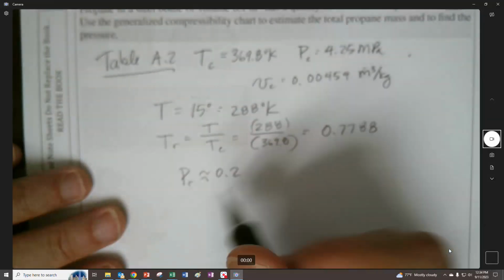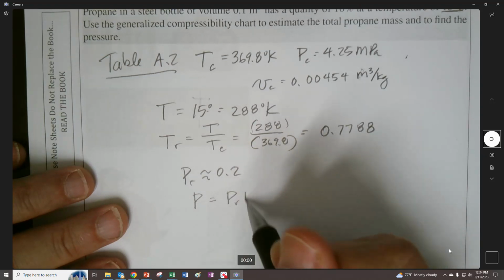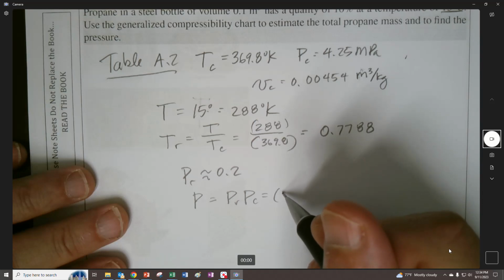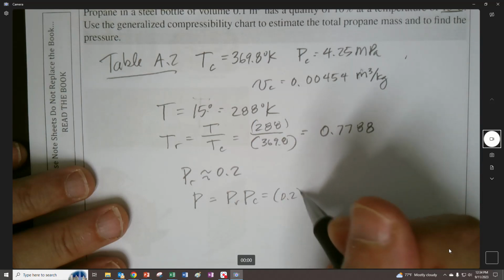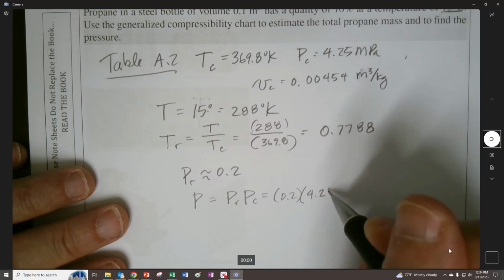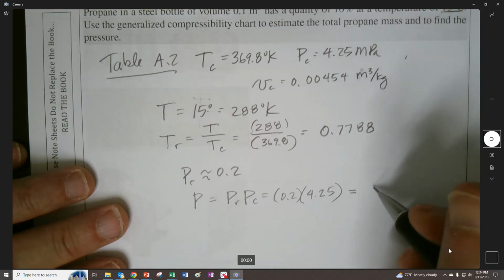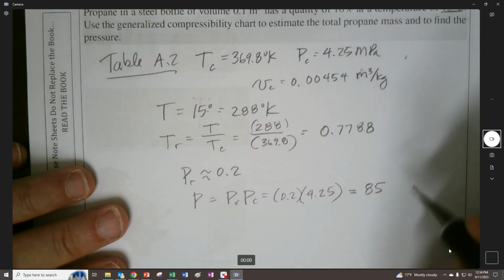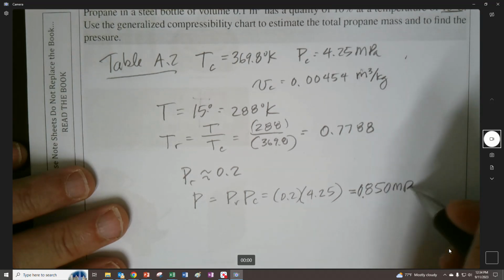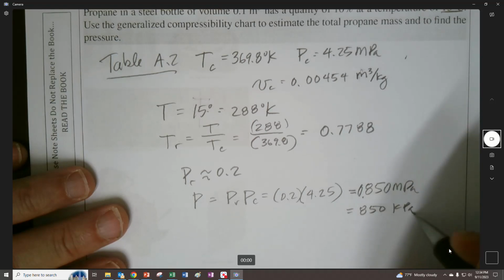So the pressure is going to be the reduced pressure times the critical pressure, so 0.2 times 4.25, and we get 0.85 megapascals, which is 850 kilopascals.